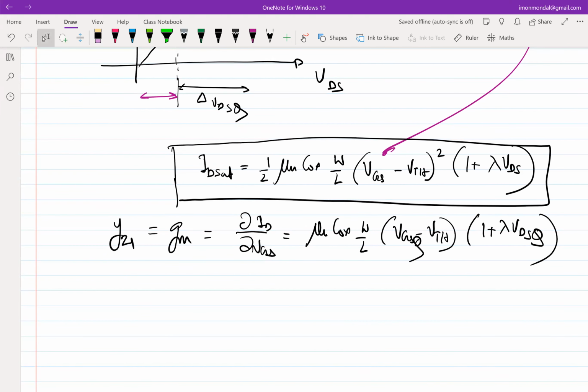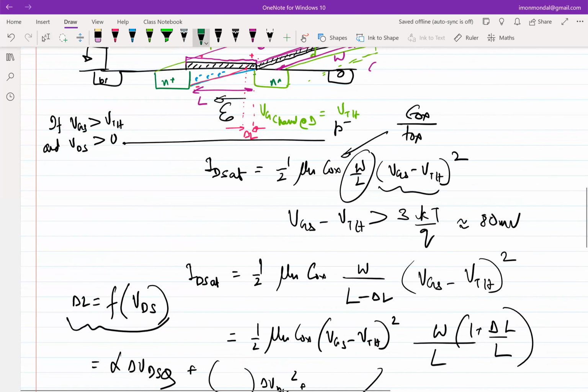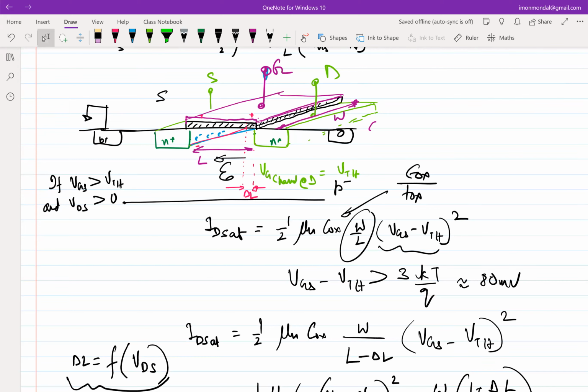Okay. So now you will often see that, in an ideal transistor where you don't have this lambda term, right? By the way, one more terminology, the effect of reduction of channel due to the application of VDS is called channel length modulation, right?